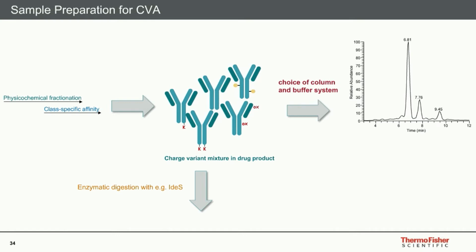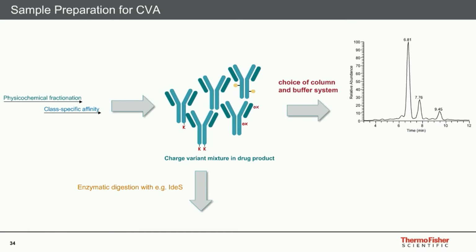But if, for example, you would like to analyze the shelf life of a drug sample that's out of the bottle from, let's say, a pharmacy, there's absolutely no sample preparation required. You could directly pull it from the vial and inject it into the column. However, that's only when you desire to do the analysis on the intact protein level.